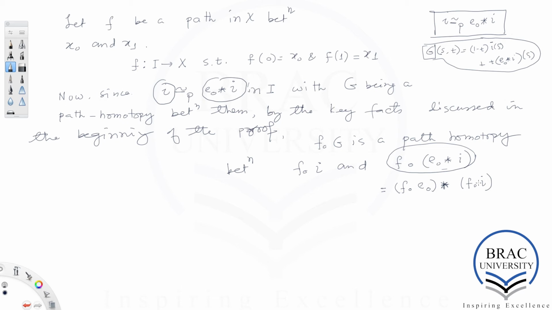Now, we know that f composed with i is simply f, since i is the identity map, and f composed with e0 evaluated at s is equal to f of e0 of s, right?